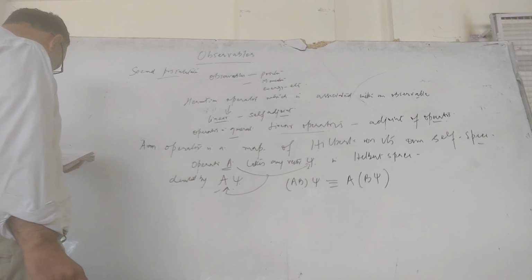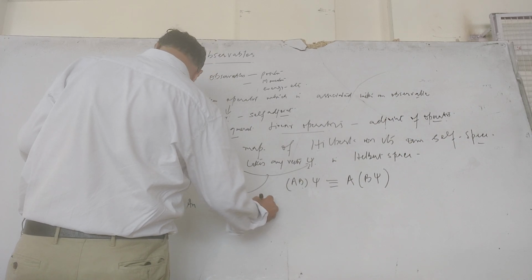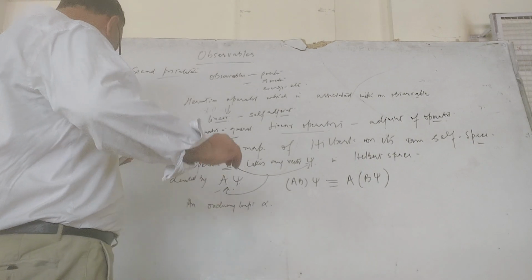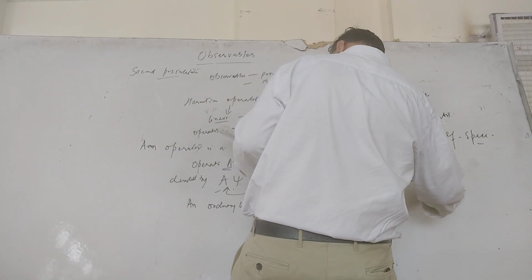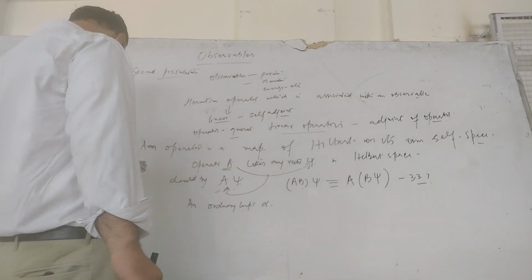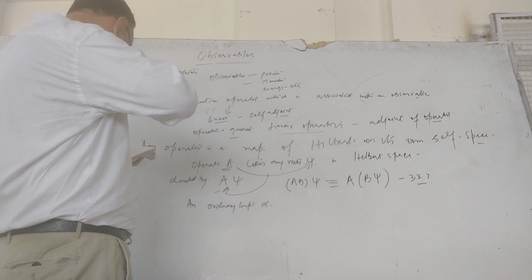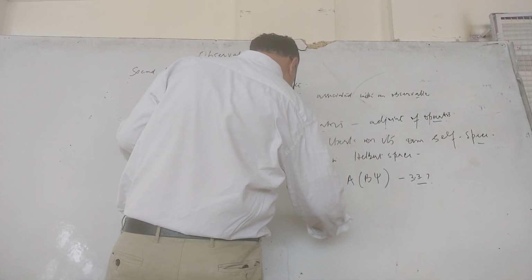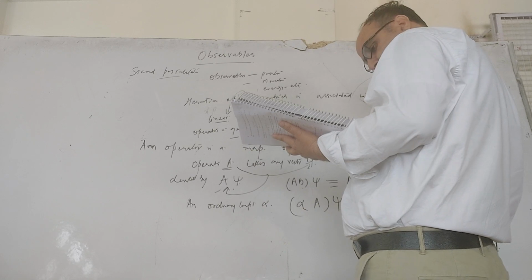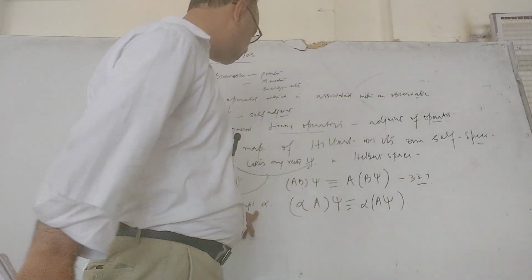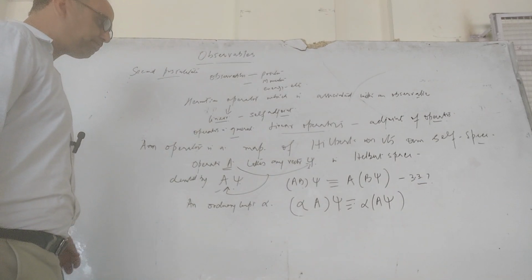Any ordinary complex number alpha can also be regarded as an operator that multiplies a state vector by this number. So alpha acting on psi should give us alpha psi, where alpha is an ordinary complex number.